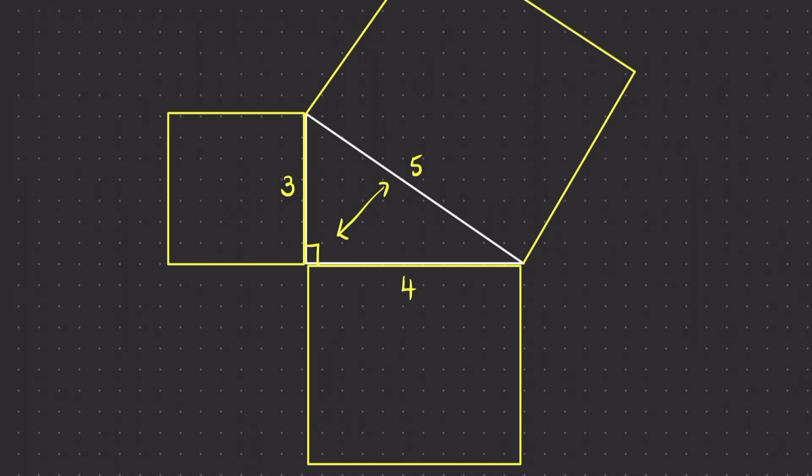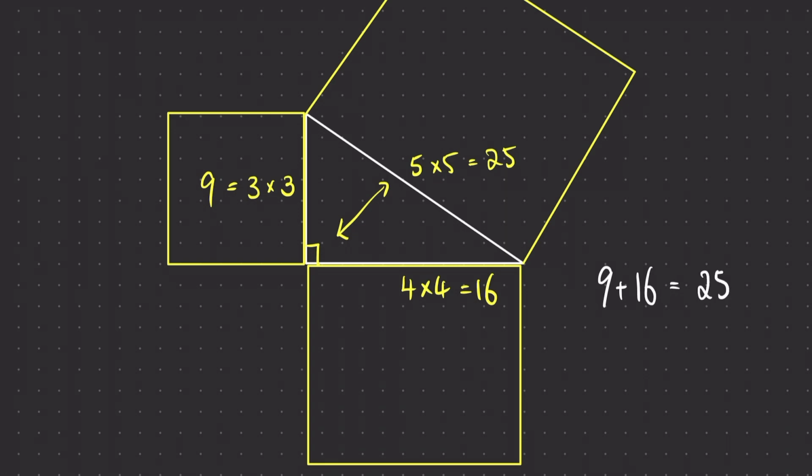This on the left has area 3 times 3, which is 9. On the bottom we have 4 times 4, which is 16. And up here we have 5 times 5, which is 25. Let's see if Pythagoras' theorem works for this triangle. So we said that we want the squares of the smaller sides to add up to the square of the hypotenuse. And checking that, 9 plus 16 does in fact add up to 25.